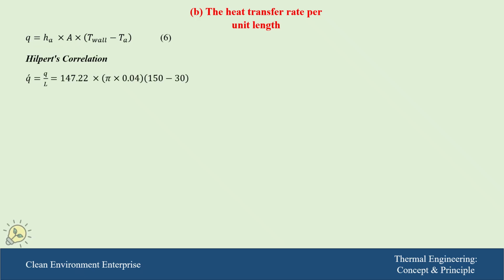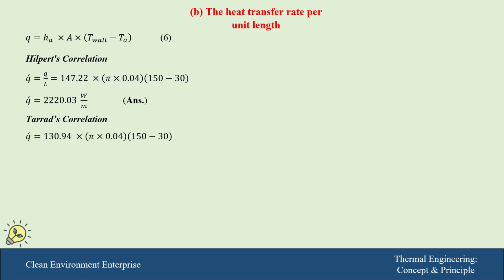Then by the Hilbert equation, Q dash equal to Q divided by L. If we substitute the values of h, T wall, T infinity, and the diameter of the heater, then we will get Q dash equal 2220.03 watt per meter.